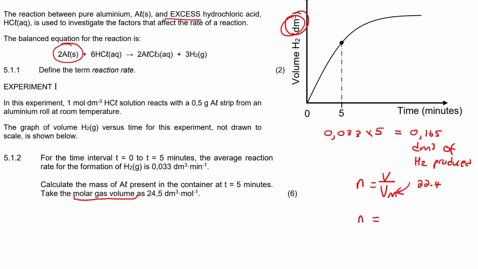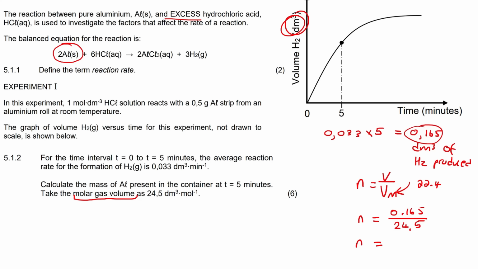So we can then work out the moles of hydrogen gas, because we know the volume of hydrogen gas that was produced, 0.165 in the 5 minutes, and the molar volume is 24.5, not 22.4, because we probably are not at STP. They would have told you if we were at STP. Then you would have used 22.4.